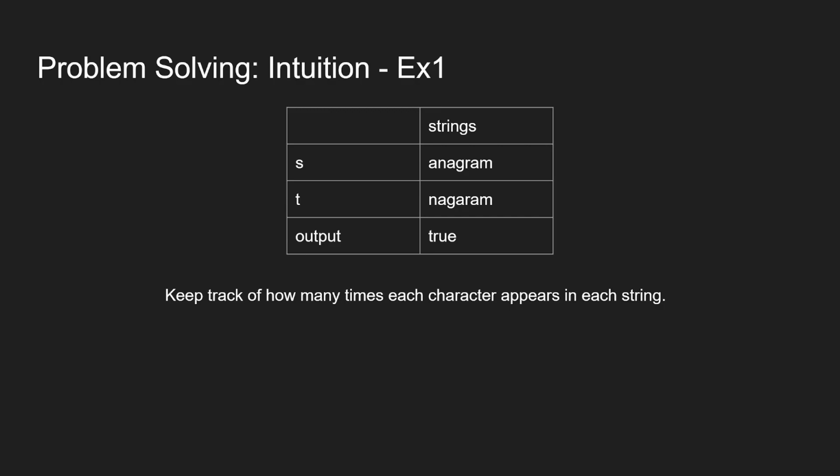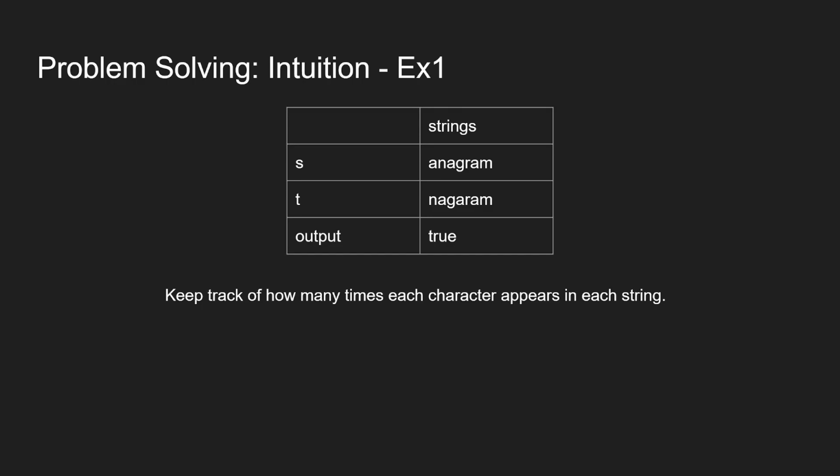So how do you solve something like this? Well, how do you code an anagram detector function? The first thing that comes to my mind is just keep track of how many times each letter appears in each string, right?